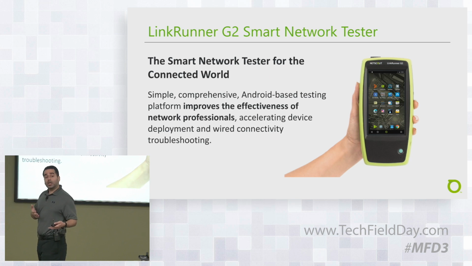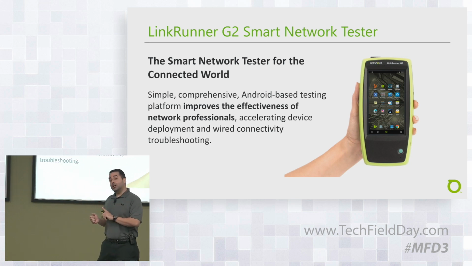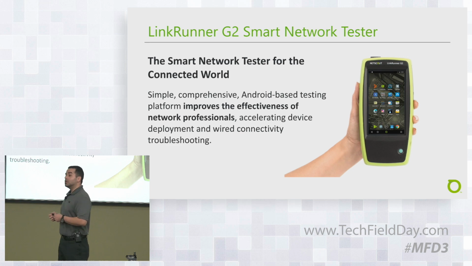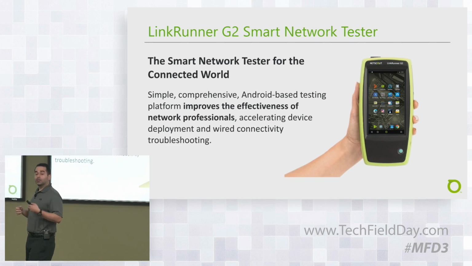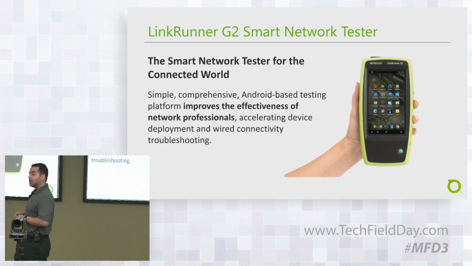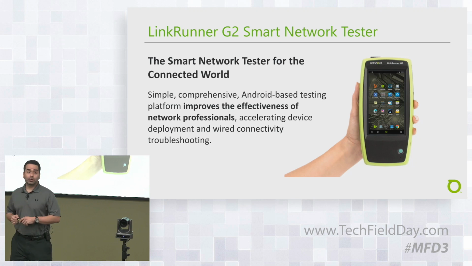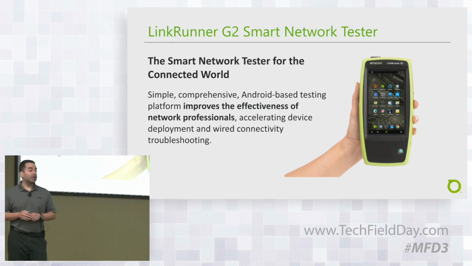So different from the AirCheck that was a Wi-Fi tester or wireless, the LinkRunner is an Ethernet or fiber tester. So just plug it into the network, and it will verify connectivity. It can also verify the condition or the quality of the cable, the quality of the connection. It can help you measure throughput if you want. You could use the test accessory that I mentioned earlier, or your own iPerf server.